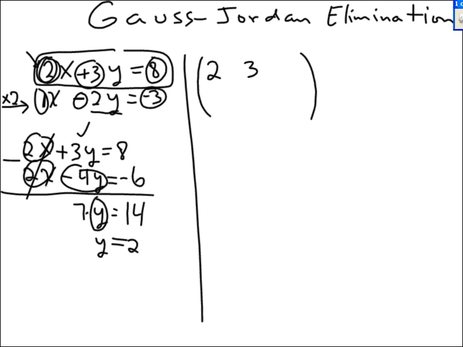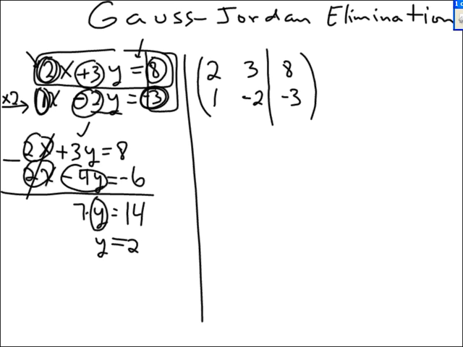Second row, 1, negative 2, and negative 3. And then, for the equal signs, you put a line. That is, you separate those right-hand numbers. When you put a line in the matrix, like I just did, it is now called an augmented matrix.